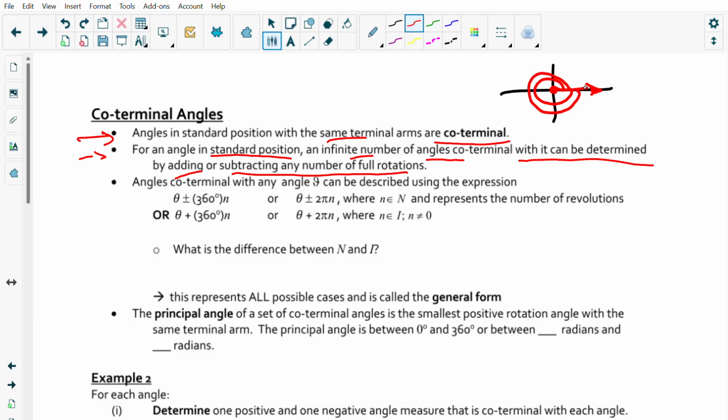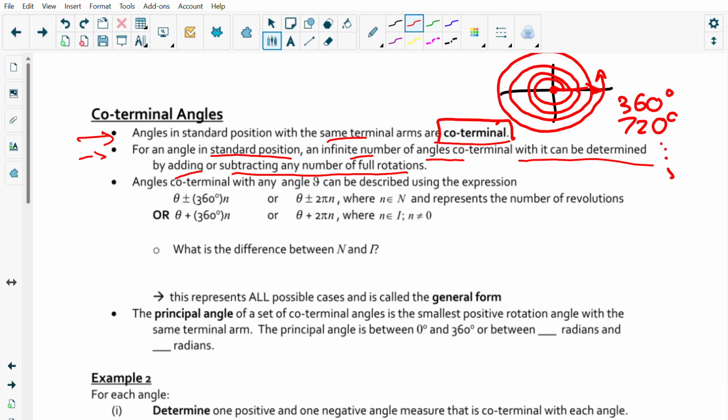If I go again, another, that's 720, right? And you can go over and over again. You can see that there's an infinite number of angles possible. So that's why there's this idea of coterminal angle. Instead of saying 360, 720, and then on, we have this generalized format of how to state a coterminal angle.